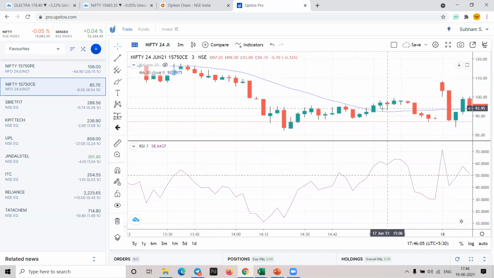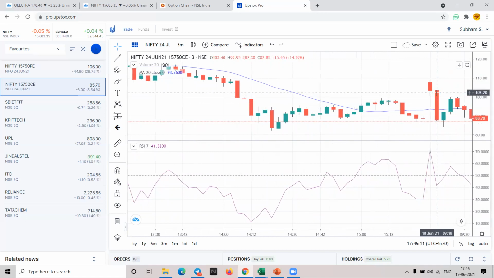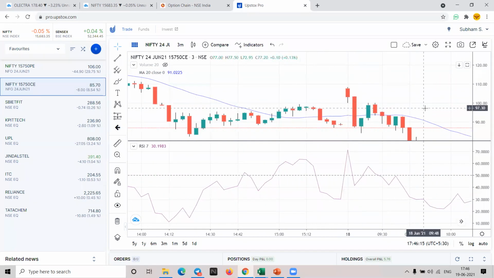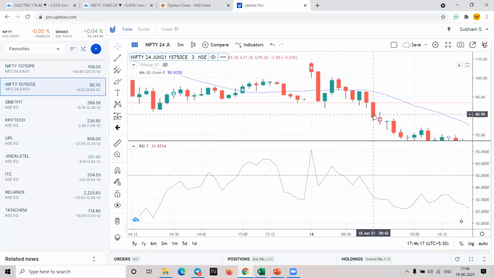Here it became a little flat, but overall, if you just look at it, it is downward. And this is a strong candle. All confirmations: downward slope, moving average, block candle, RSI value below 50. All conditions are fulfilling. So you can sell it here.